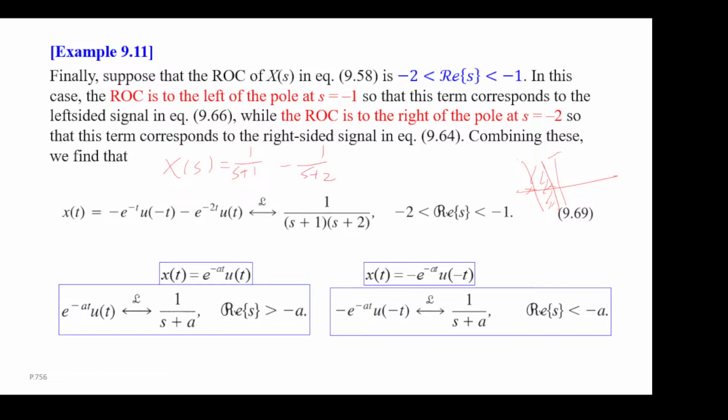The -2 pole corresponds to the 1 over (s plus 2), and the -1 pole corresponds to the 1 over (s plus 1). The ROC is to the right of -2, so this term should become a right-sided exponential decay. It's to the left of the -1 pole, so this term should become a left-sided exponential decay. So this is your x of t.